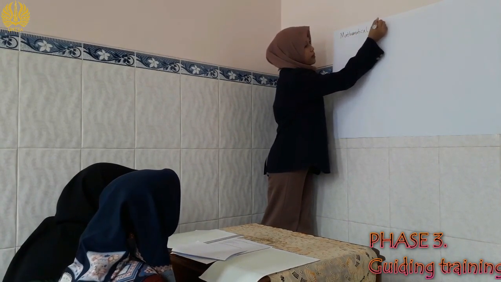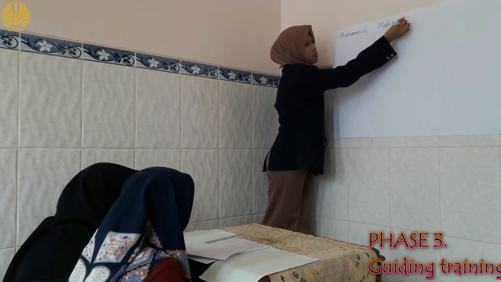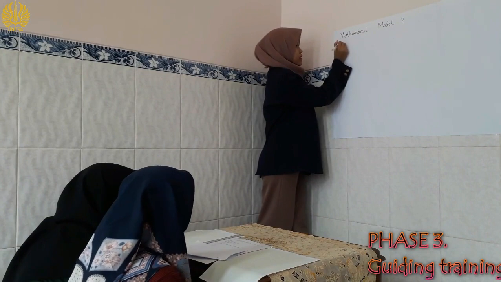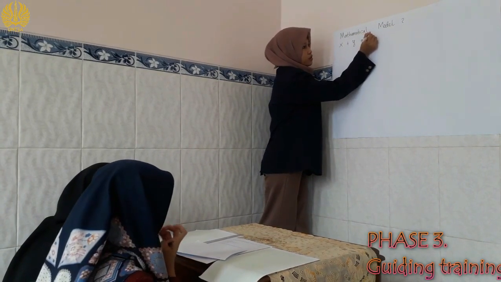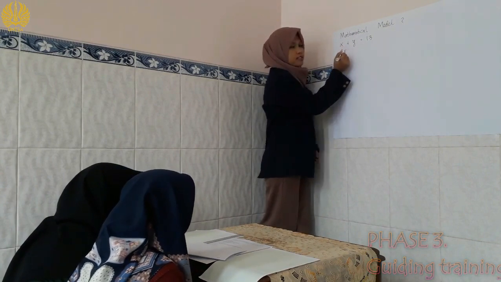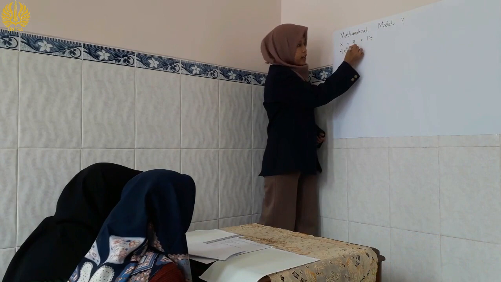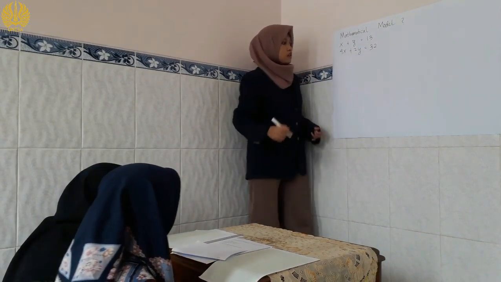So what is the mathematical model? x plus y is equal to 13, and then 4x plus 2y is equal to 32.